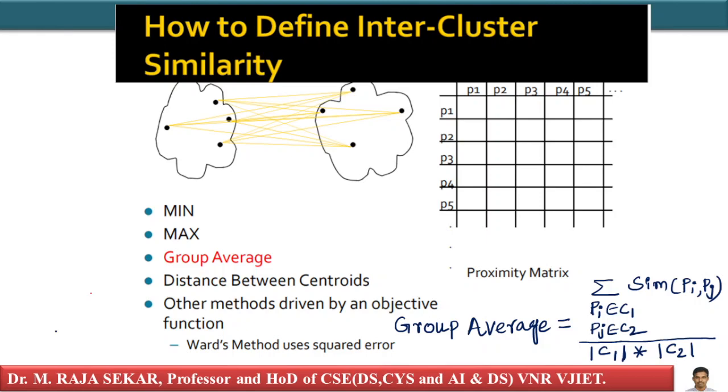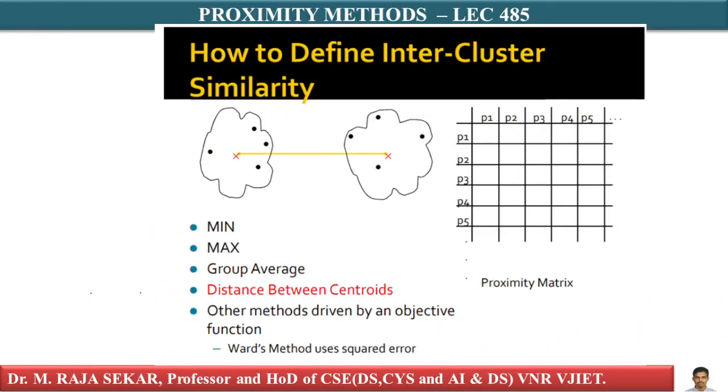The fourth one is distance between centroids. If you have these clusters, let me say my first cluster is C1 and my second cluster is C2.